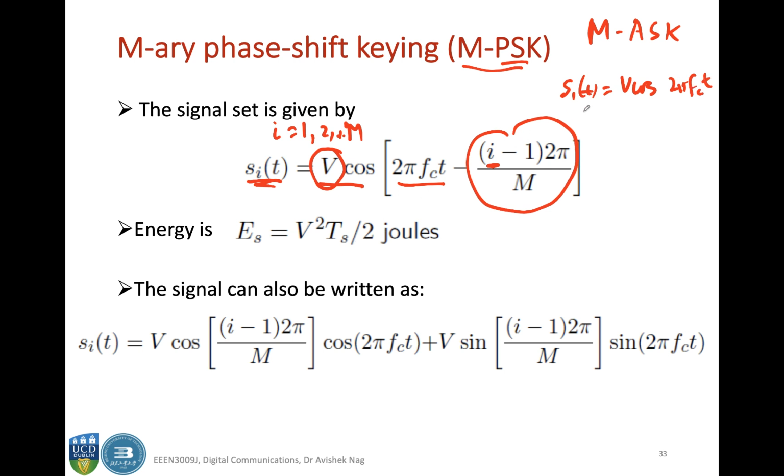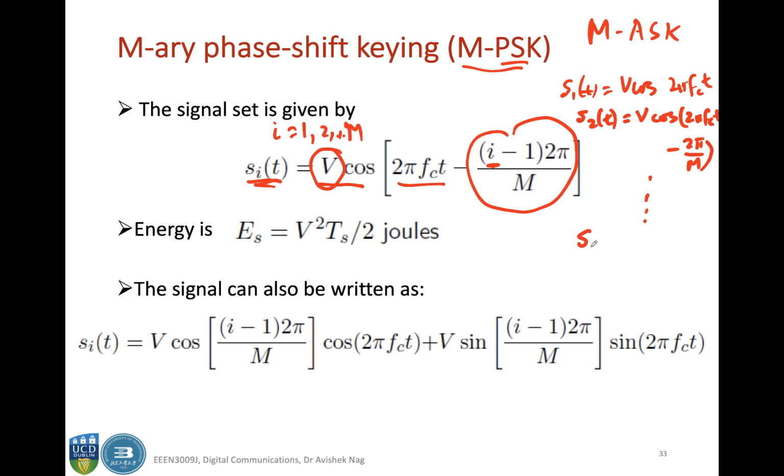Your S2 will be, so i minus 1 is 2 minus 1, that is 1, so the phase is 2 pi over M. So V cos(2 pi fc t minus 2 pi by M), and so on.